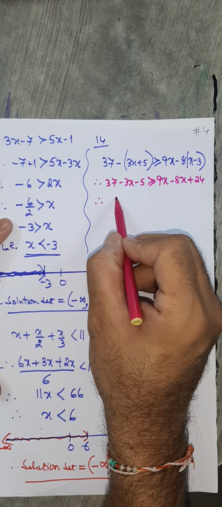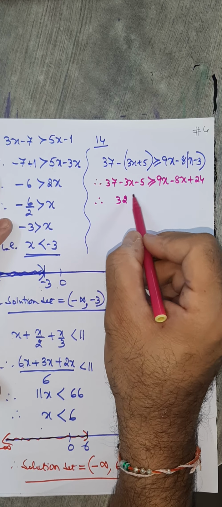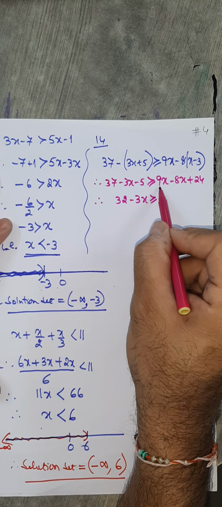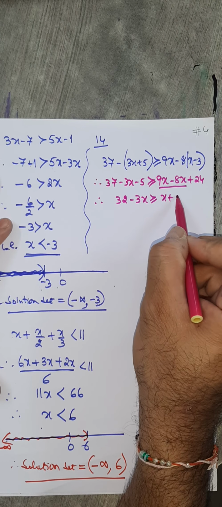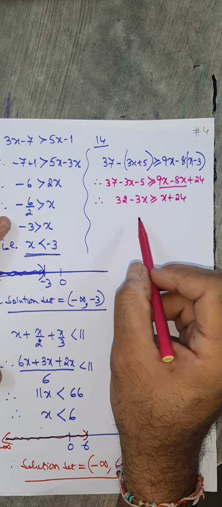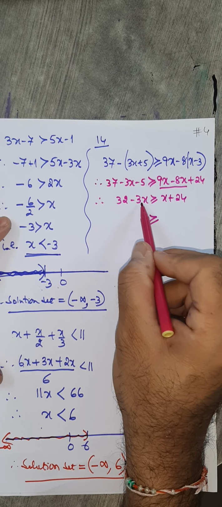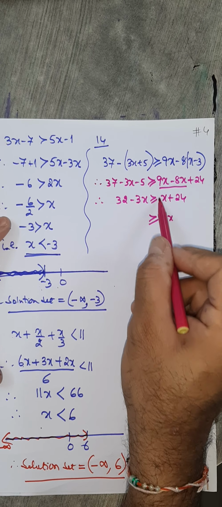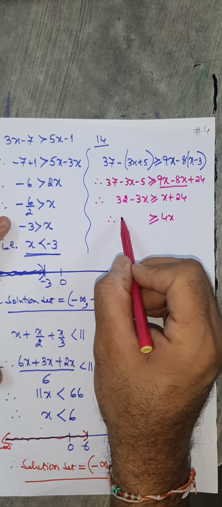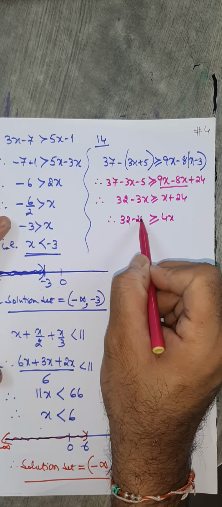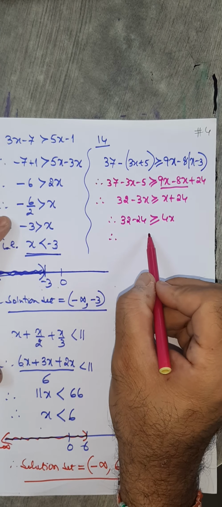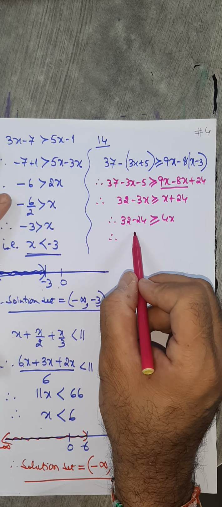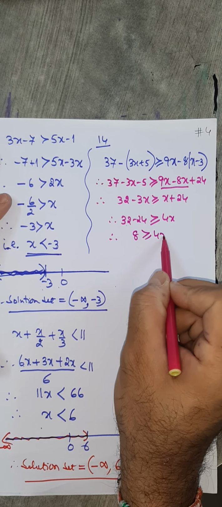So 37 minus 5, this is just 32 minus 3x is greater than or equal to x plus 24. I'll take 3x over there. So this becomes 4x, minus 3x plus x, and 24 on the left hand side. So 32 minus 24, which is nothing but 8, is greater than or equal to 4x.